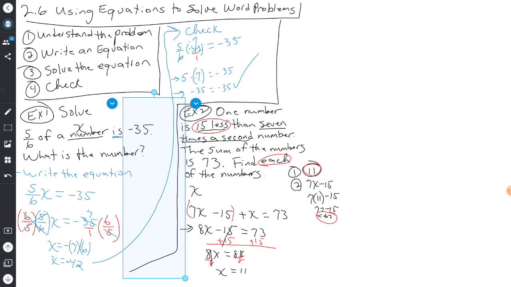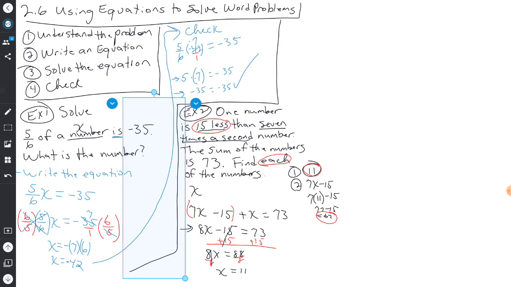Any other questions on this one? How would we write this if it was on the test? How would we write the answer? It says find each of the numbers, so the two numbers are 11 and 62. Those are really the final answers to the problem.